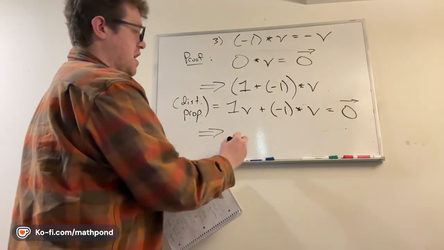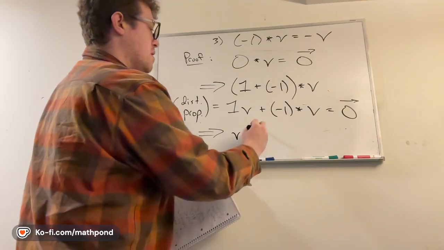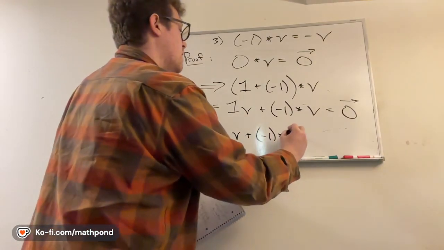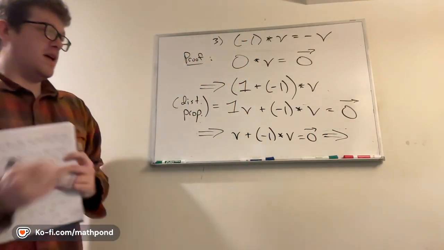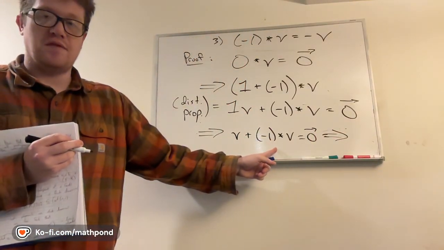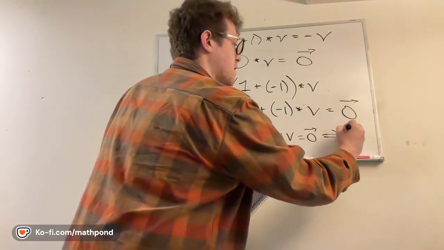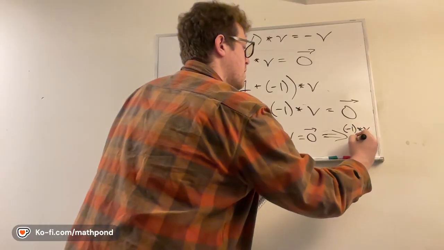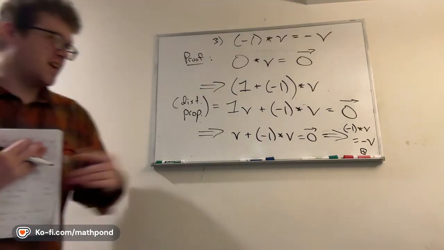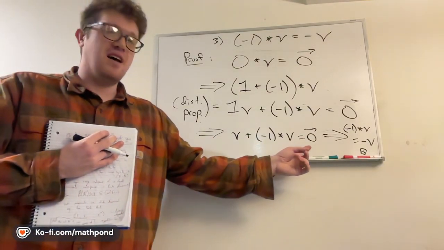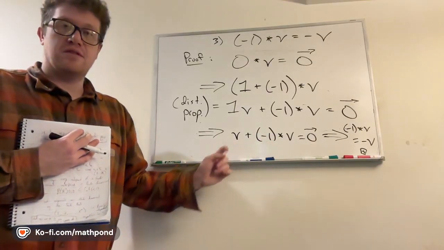So this is just saying that the vector plus -1 times the vector is 0, and that implies these are additive inverses of each other, because when I add one to the other, I get 0. So this is -v. Or really, I guess we could just stop here and say inverses are unique. So if this plus this is 0, well, this is the unique additive inverse of that.